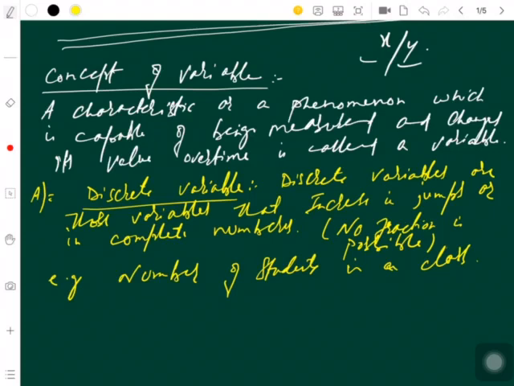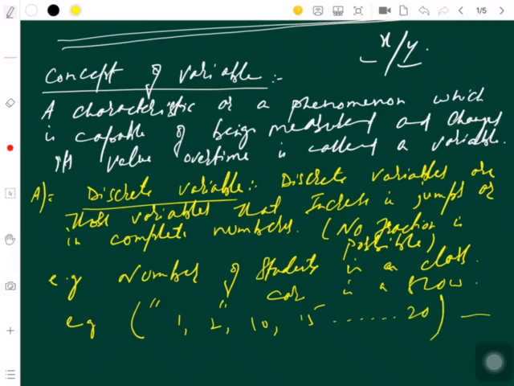No, we cannot. Number of cars in a showroom. Okay, number of cars in a showroom. We take it as 1, 2, 10, 15 or 20 whatsoever, but it must be a complete number.